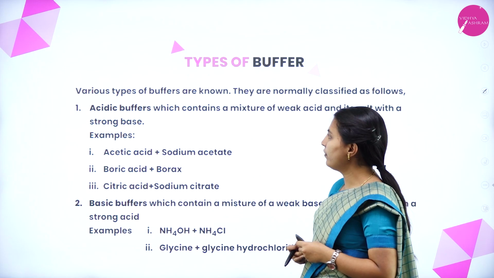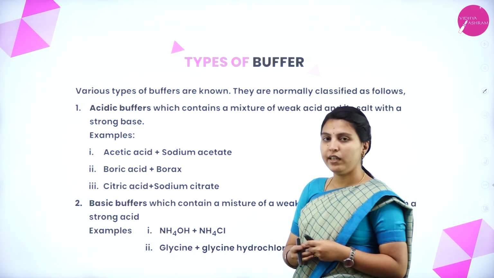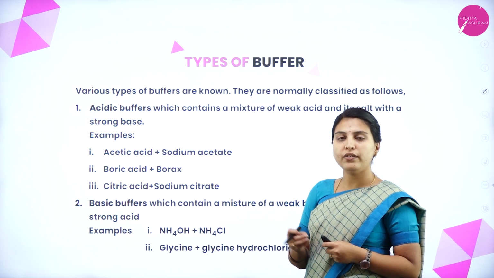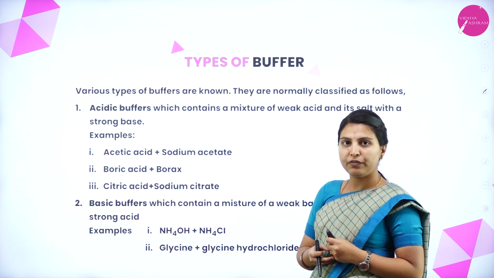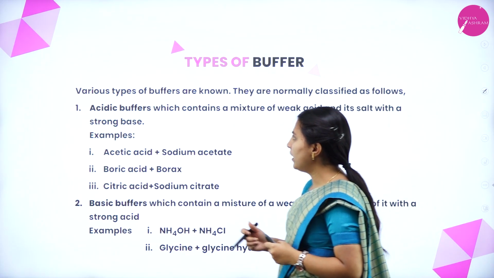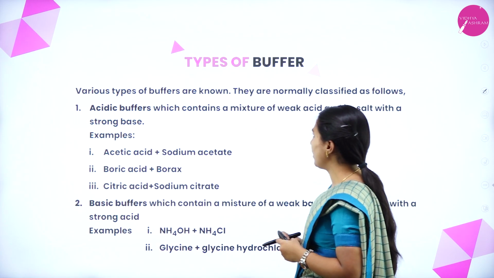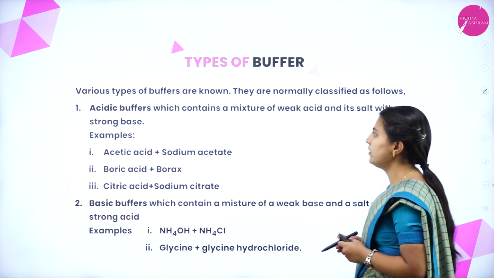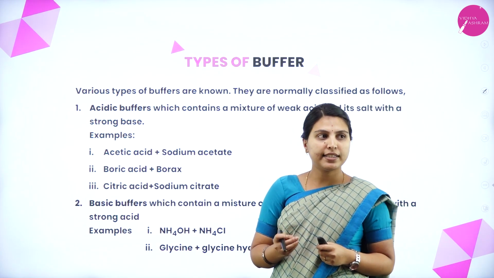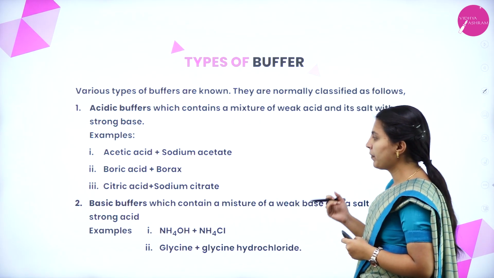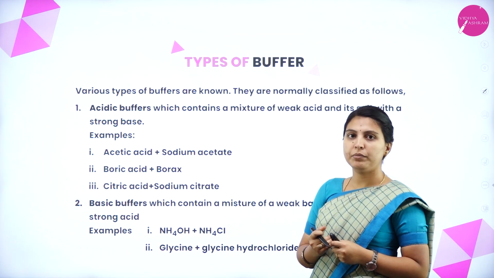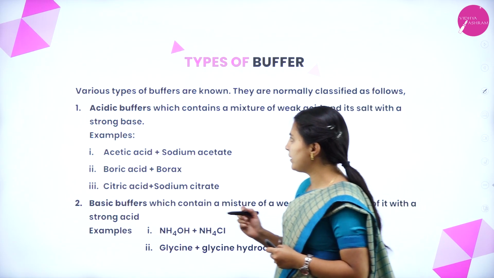Next, types of buffer solutions. There are 3 to 4 kinds of buffer solutions present. They are normally classified as follows: acidic buffer, basic buffer, salt buffer and ampholyte buffers. First, we will see what an acidic buffer is.